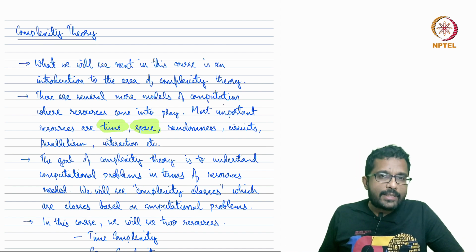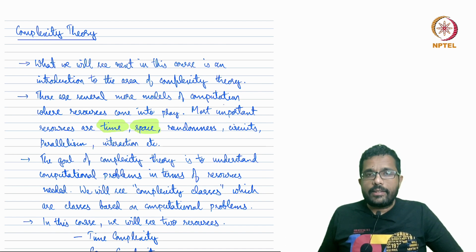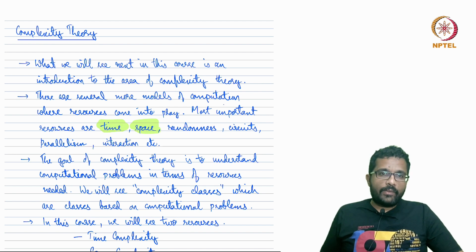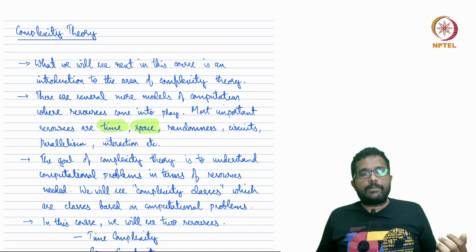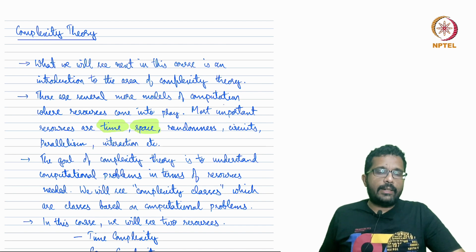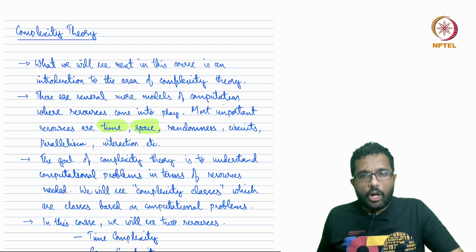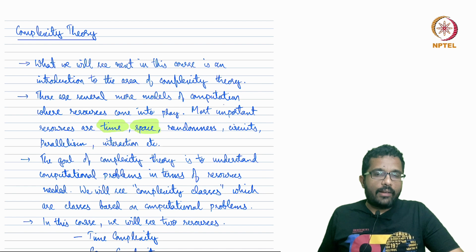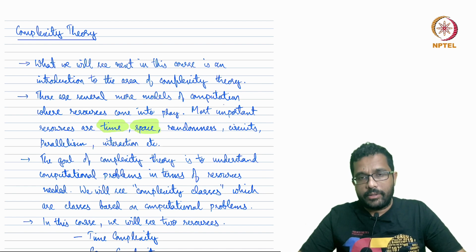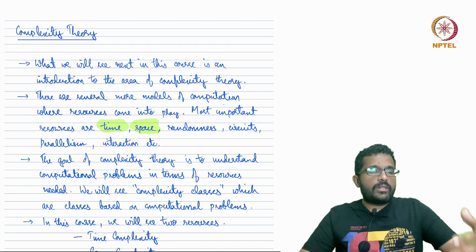So what I'm saying is that in general there are several resources that are considered for computation, and the goal of complexity theory is to understand computational problems in terms of how much of a certain resource is needed. The two most common resources are time and space. Even when we run programs on our computer, we see how much time it takes.